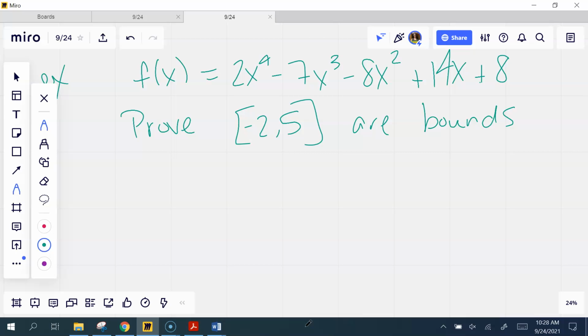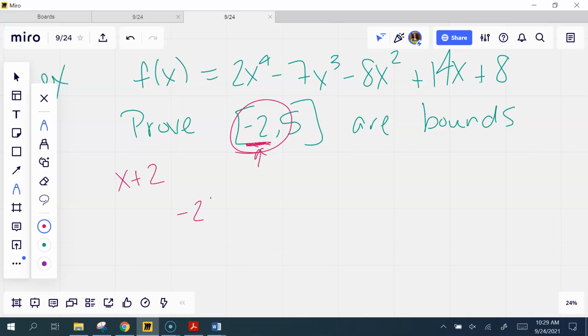So what that means is I'm just going to synthetically divide by -2, and then I'm going to synthetically divide by 5. Well, yes. What it's saying is that your zeros have to fall between -2 and 5. So we're treating this like a zero. We're saying divide by x plus 2 and see what happens.